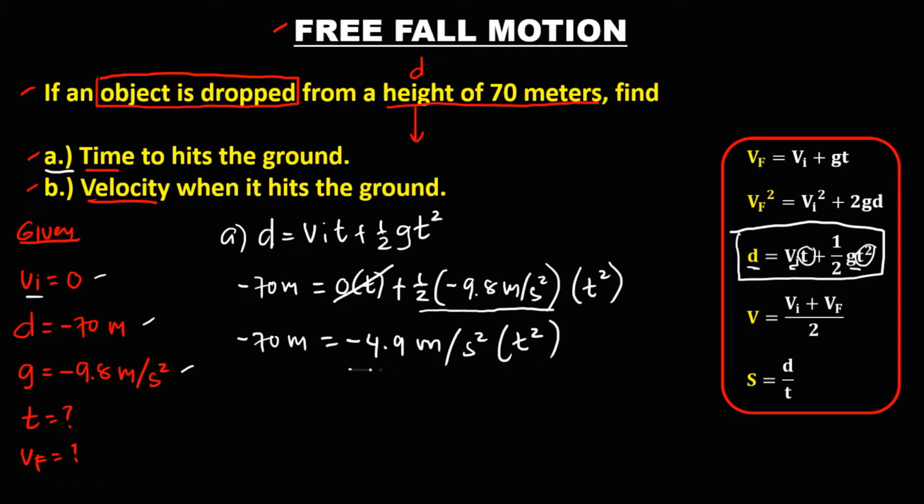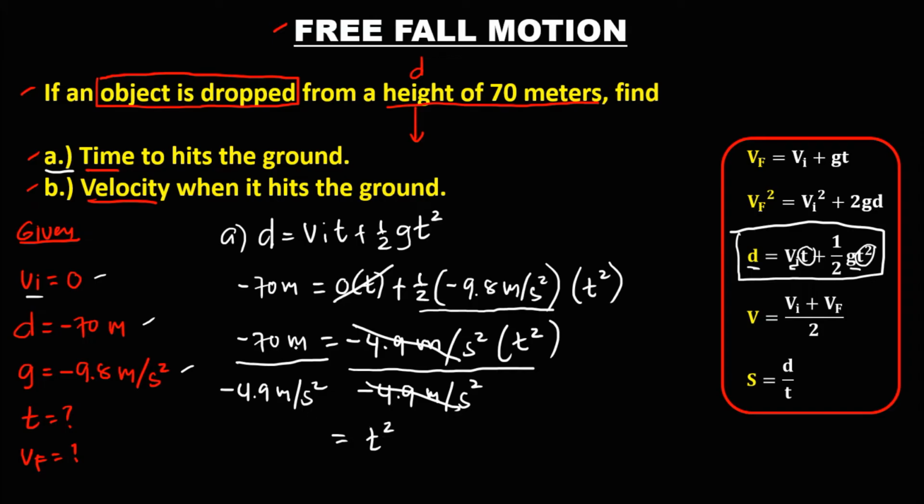Then to solve for the time, divide both sides by negative 4.9 meters per second squared, so those cancel. Now time squared equals, canceling the meters, negative 70 divided by negative 4.9.